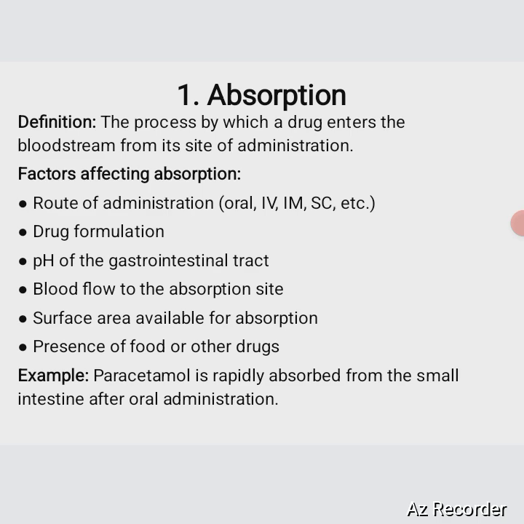Second, the pH of the gastrointestinal tract, blood flow to the absorption site, surface area available for absorption, and finally, presence of food or other drugs. For example, paracetamol is rapidly absorbed from the small intestine after oral administration.